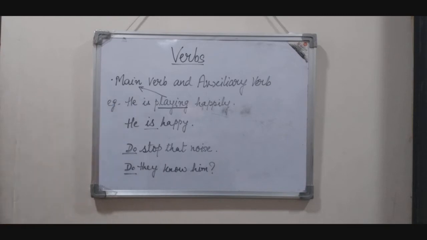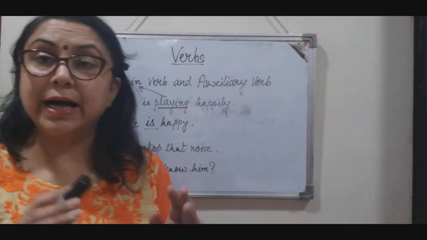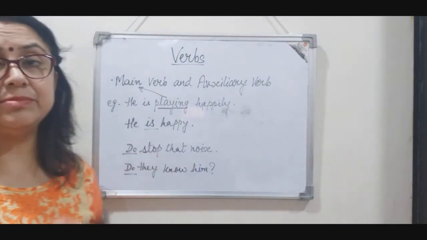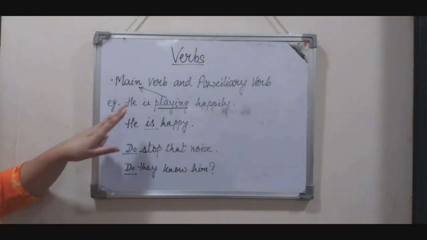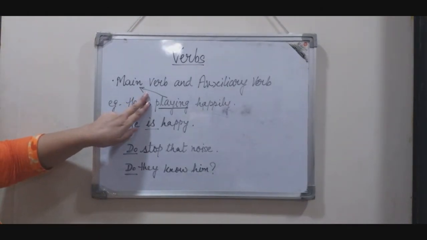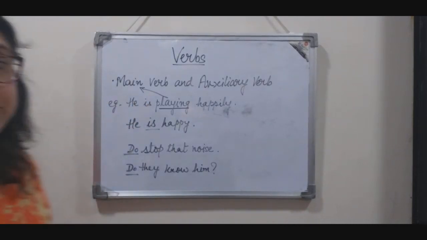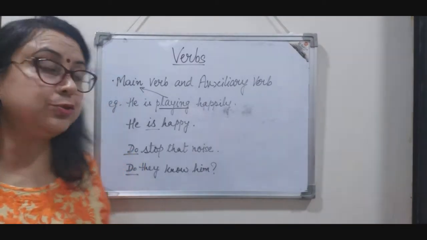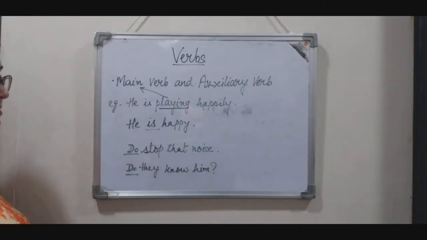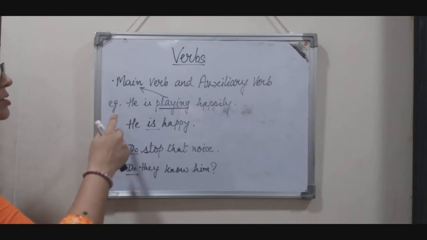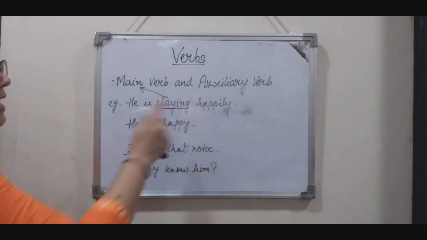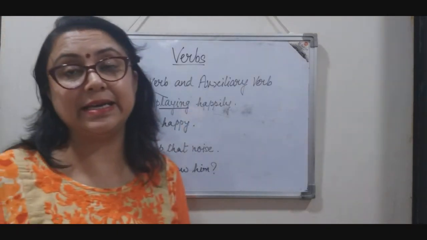Now, apart from this, we have another verb in the same sentence. If we say he playing happily, will it be a correct sentence? Will the sentence be complete? Of course not. We have to use is here. But when we use he is playing happily, this makes the sentence complete.